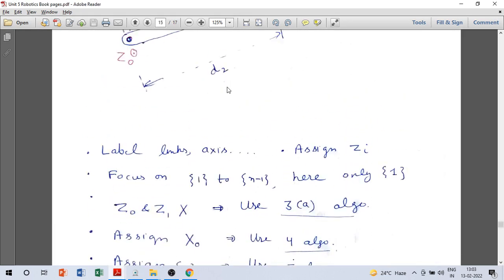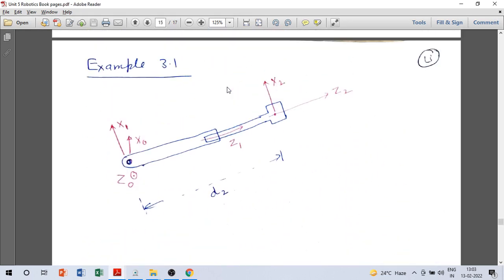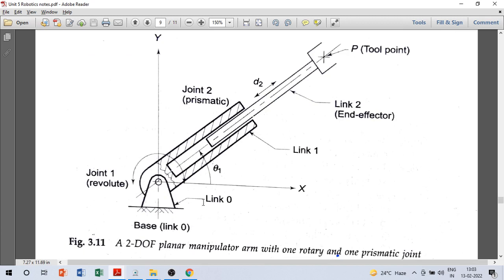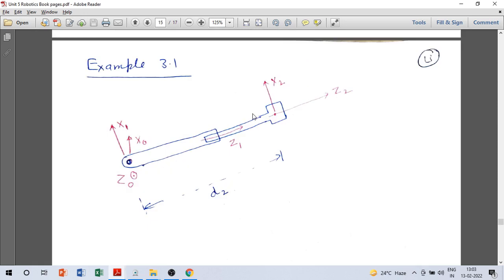Links are labeled as link 0, link 1, link 2. Label the links and label the axes: this will be axis 0 and there will be axis 1.